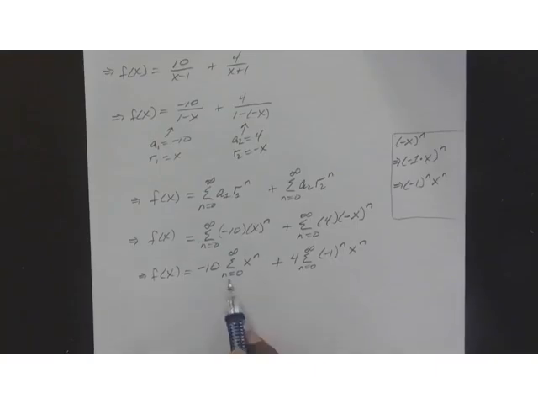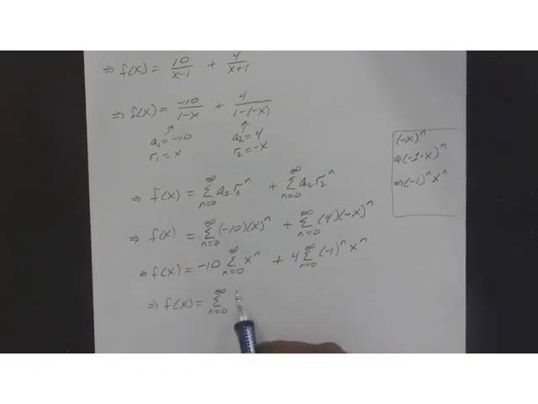Okay, so we factor out the summations. We can have f of x equal the sum from n equals 0 to infinity of negative 10, and we can factor out the x to the power of n also, but we'll put that on the other side.